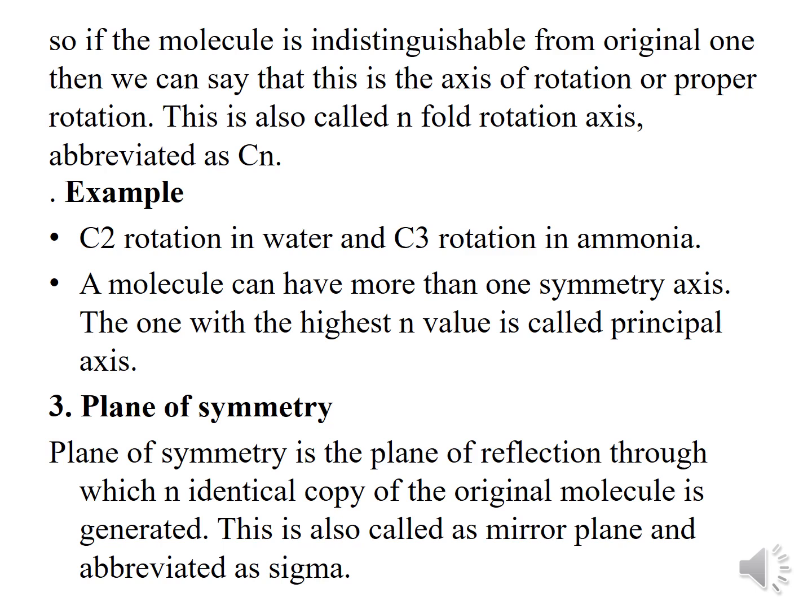Third one is plane of symmetry. Plane of symmetry is the plane of reflection through which an identical copy of the original molecule is generated. This is also called mirror plane and abbreviated as sigma.